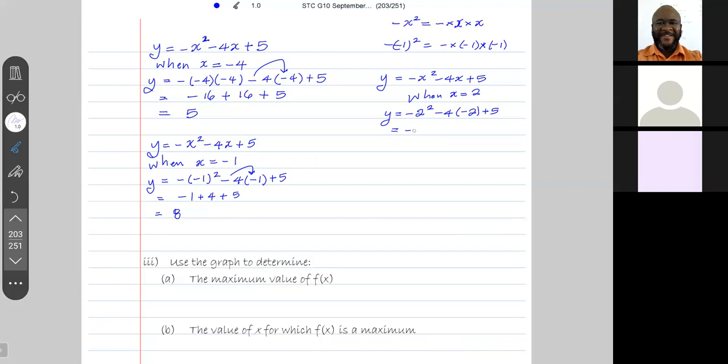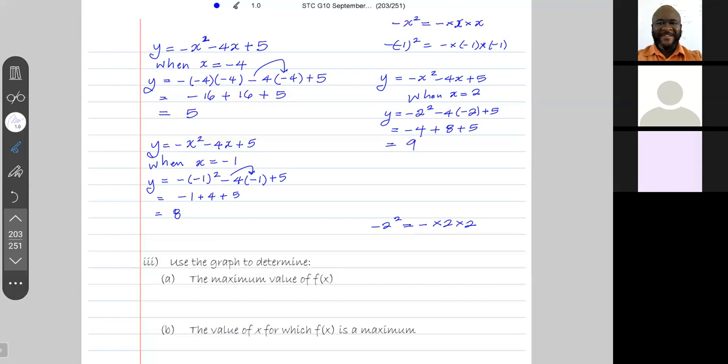This is minus 4 because minus 2 squared actually means minus times 2 times 2. That's only one negative, so that's just negative. Then plus what? 8 plus 5. 8 plus 5 is 13. 13 minus 4, I think, is 9.